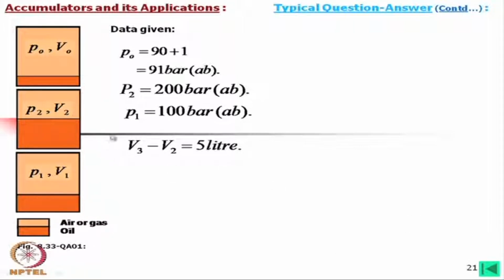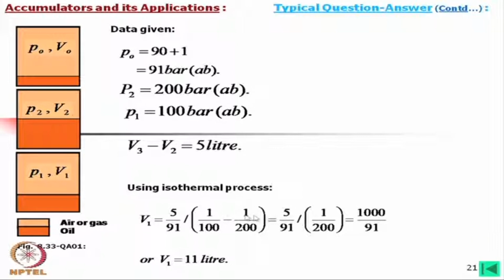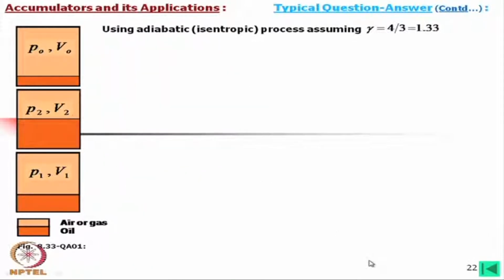Now, the volume is there, again this is a mistake, this will be V2 by V2 minus V1, and V2 minus V1 is 5 liters. Using this calculation, we have V1 equal to 11 liters. That means, in this case V0 will be 11 liters.